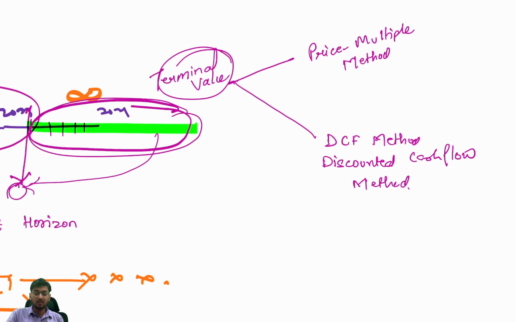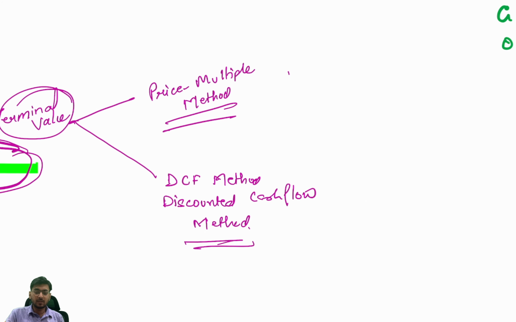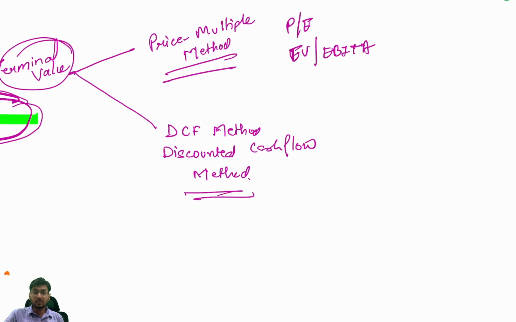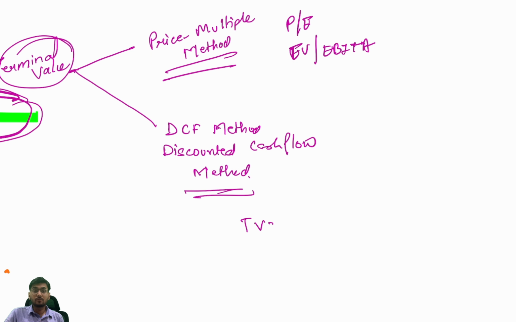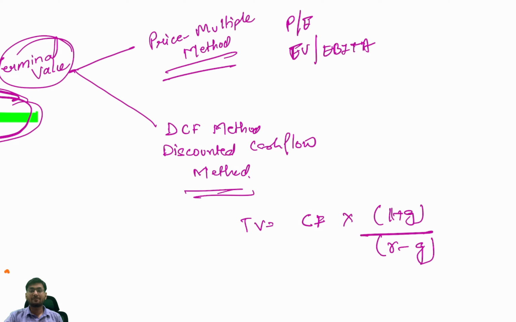Clear? I don't think I need to discuss this; we have discussed it in detail in the equity section. Over here you can use the P/E ratio or the enterprise value to EBITDA ratio. And when it comes to the DCF, the terminal value equals the cash flow multiplied by (1 plus g), divided by (r minus g). Clear? We have done all of this in equity, so I am not taking it in detail over here.